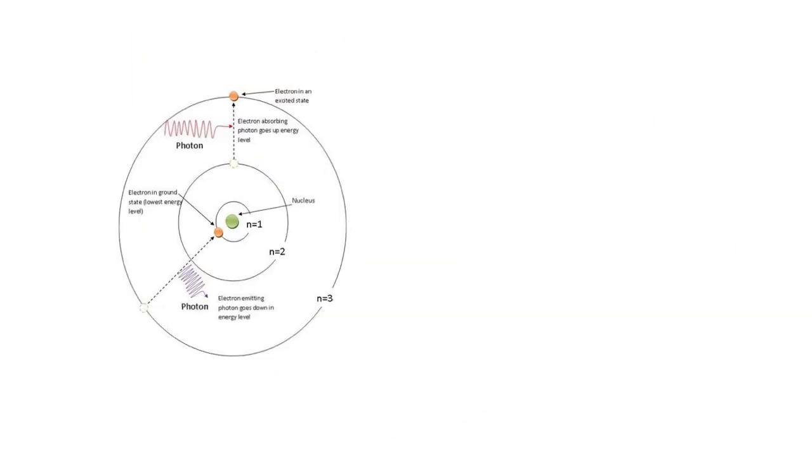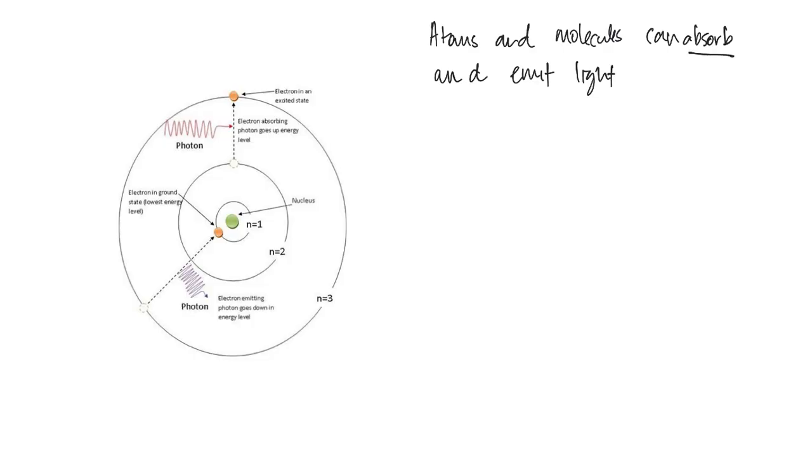Atoms and molecules can absorb, you should be writing this down, and emit light. They can either take it up or they can send it out.